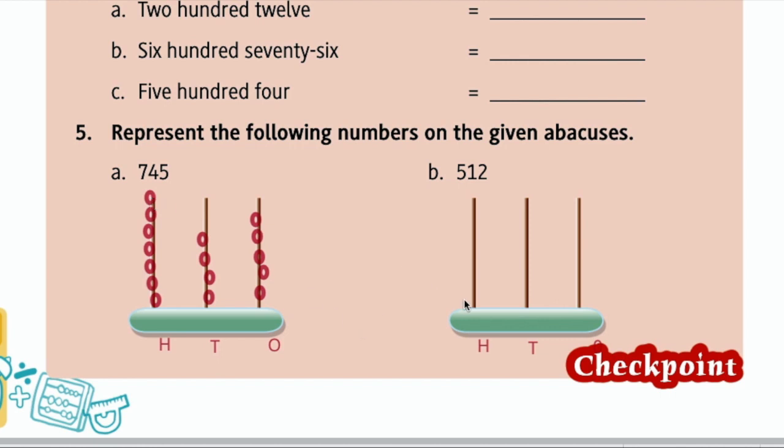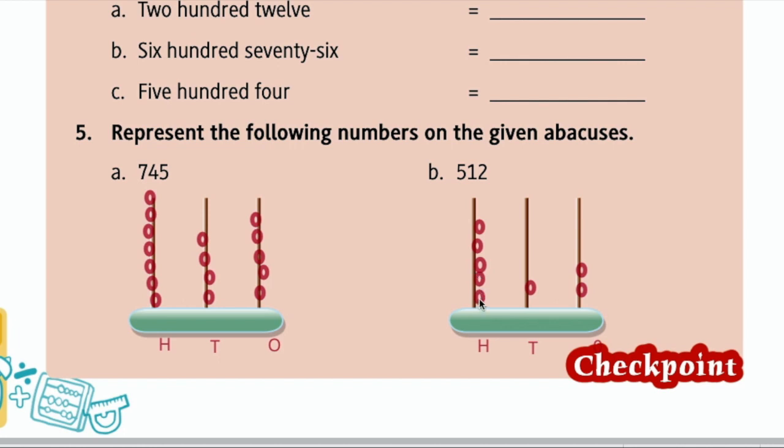B, we have 512. So in ones place we have 2. So you have to draw 2 beads in ones place. 1, 2. And in tens place we have 1. So you have to draw 1 bead in tens place. In hundreds place we have 5. So in hundreds place we have to draw 5 beads. 1, 2, 3, 4 and 5.